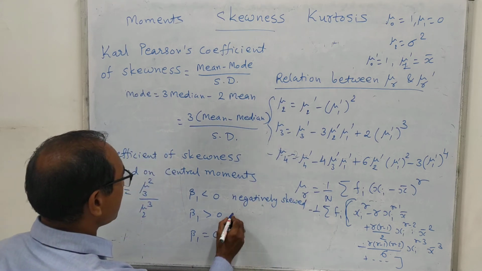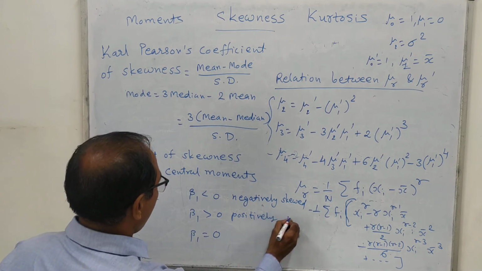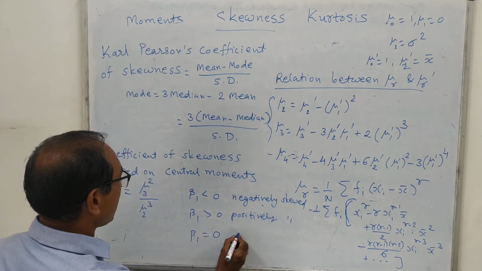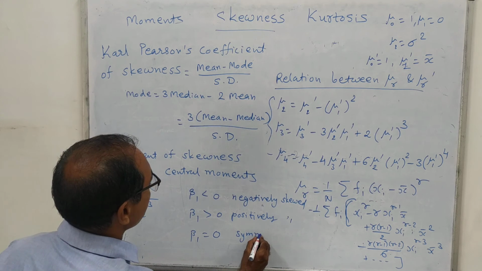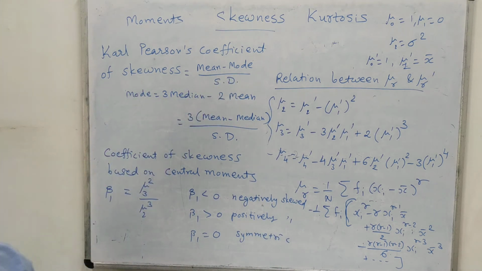If beta 1 is greater than 0, then it is positively skewed. And if beta 1 equals 0, then the graph is symmetric, as we have observed in this case also. That means when mean equals mode, the graph is symmetric.